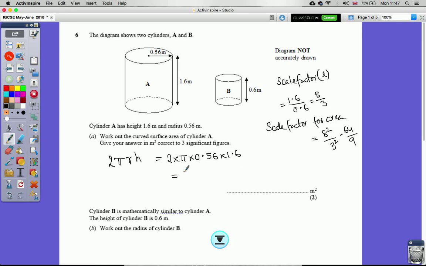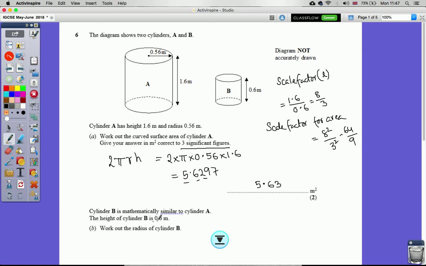Okay, so we are getting 5.63 correct to three significant figures, because you're getting 5.6297. If you write it correct to three significant figures, you get 5.63 meters squared.